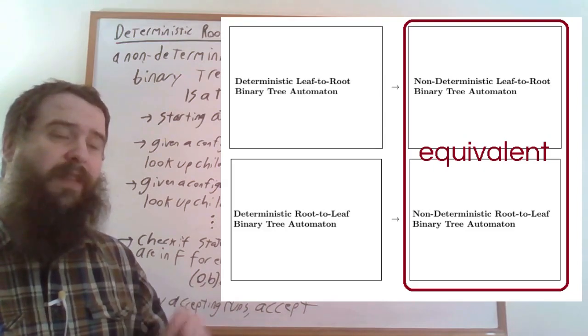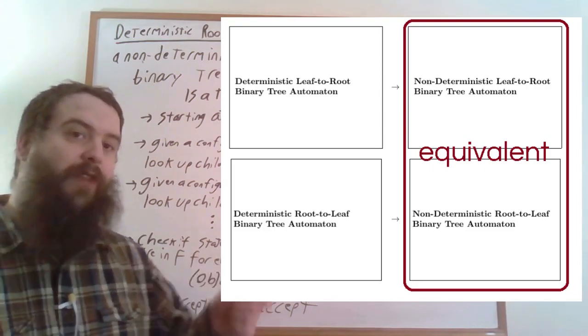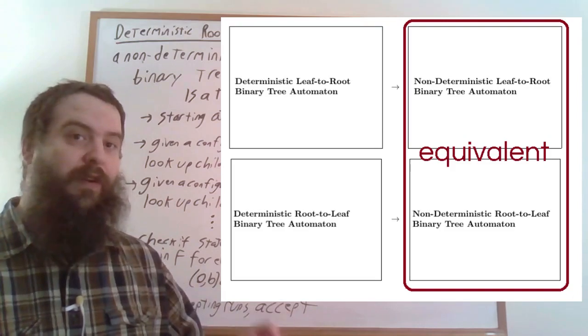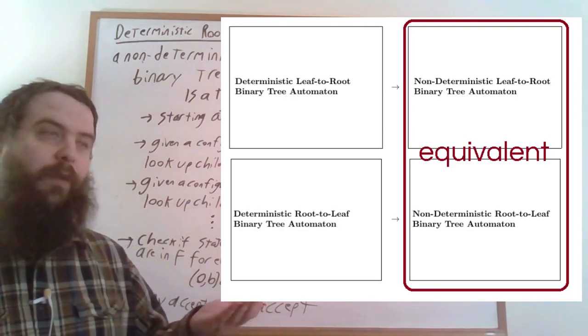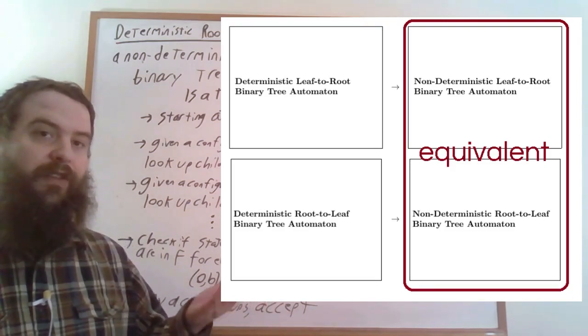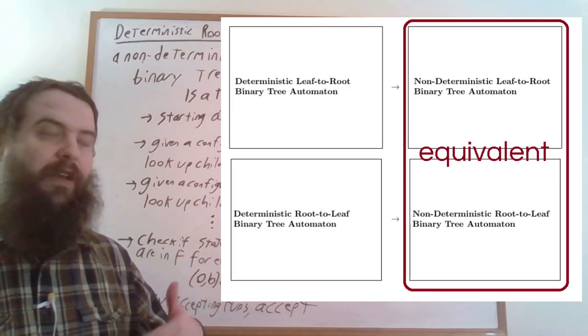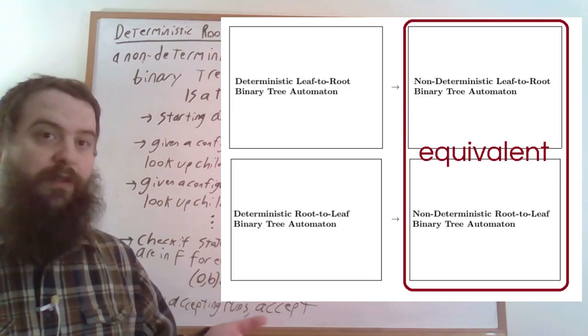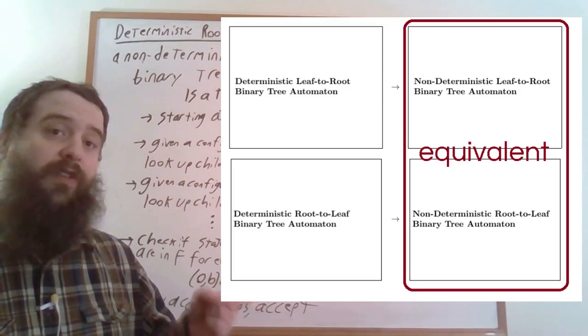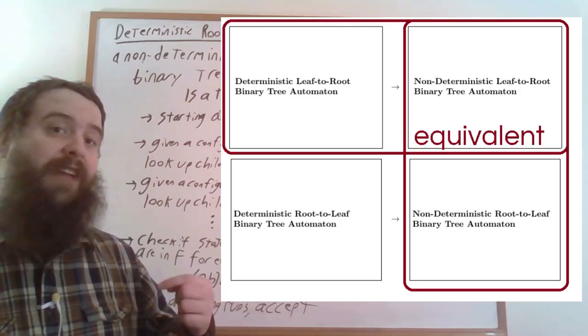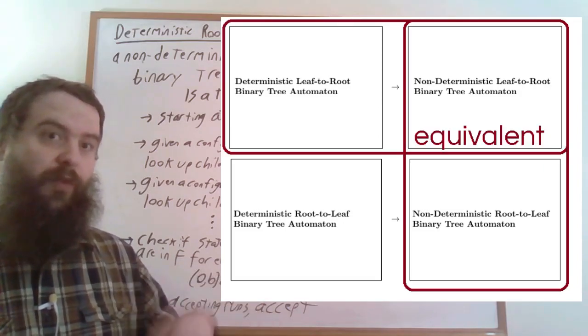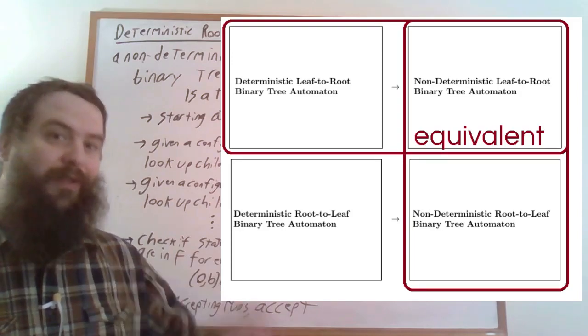And it's worth noting that exactly the same power set determinization procedure that we had when we were proving that deterministic and non-deterministic word automata were equivalent to each other allows us to show that deterministic leaf-to-root and non-deterministic leaf-to-root tree automata are equivalent to each other.